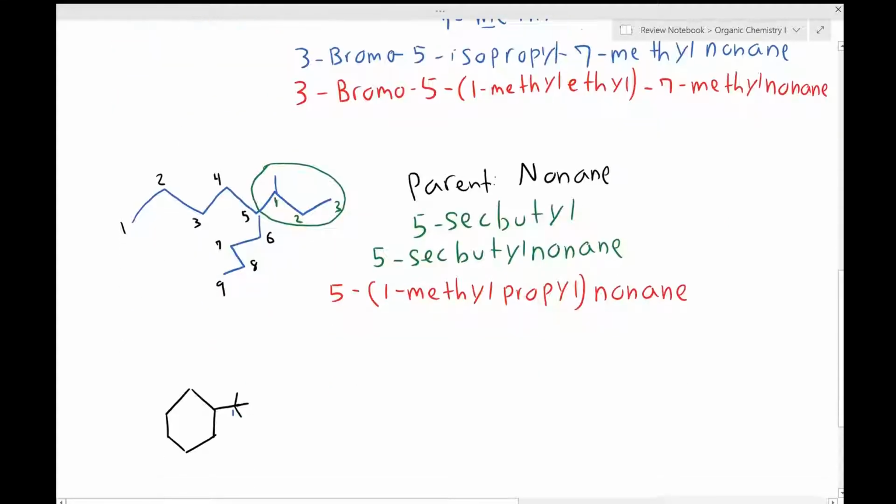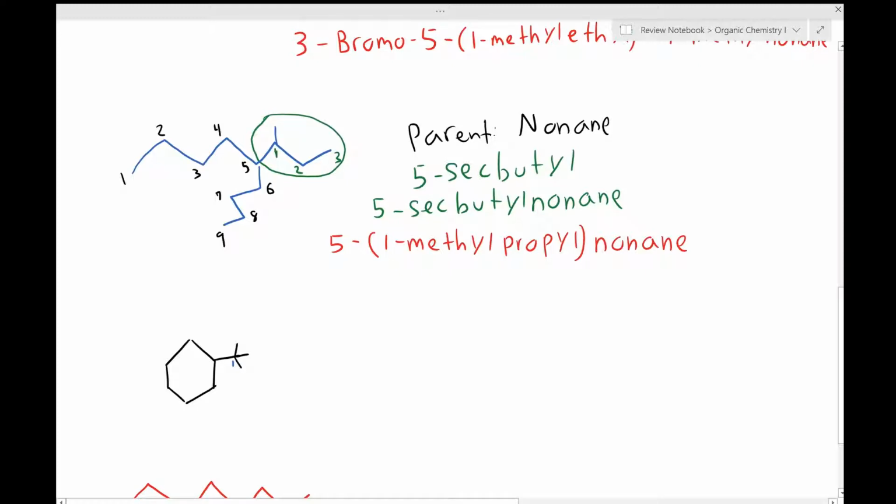Now let's go check out our ring. Our ring can get these substituents too. We have our ring and there's only one substituent, so this could be numbered 1, 2, 3, 4, 5, 6. Doesn't matter which way we go. So our parent is a ring, so it's cyclo. We have 6, so it's hexane.